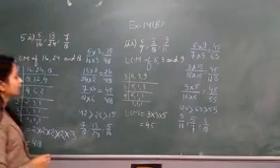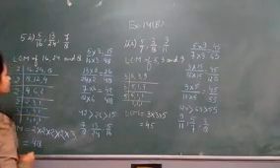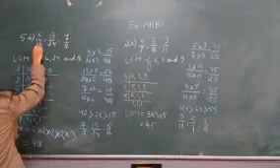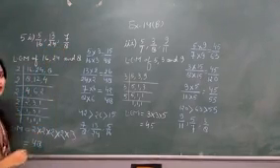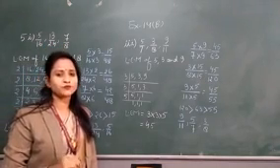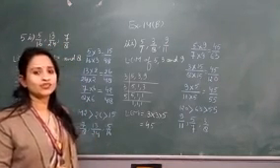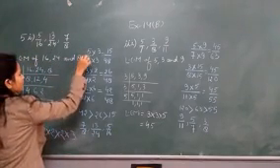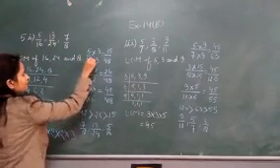Now, we will make the denominator of each fraction equal to 48. I repeat, we will make the denominator of each fraction equal to 48. The first fraction is 5/16. We will multiply this fraction by 3.